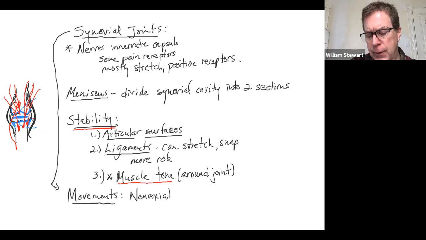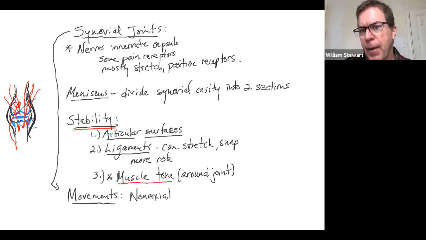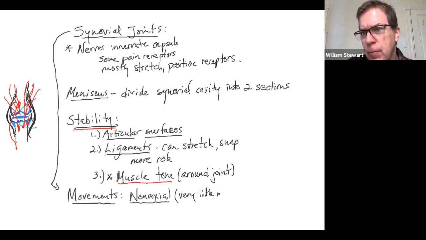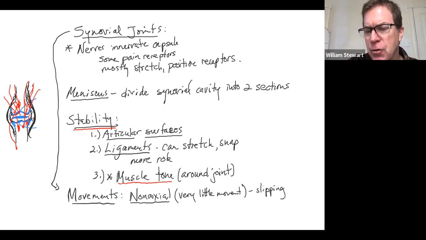Non-axial literally means very little movement on an axis. So I'm just going to put very, very little movement. We say movement in a synovial joint is non-axial if there's only minor slipping of that joint.